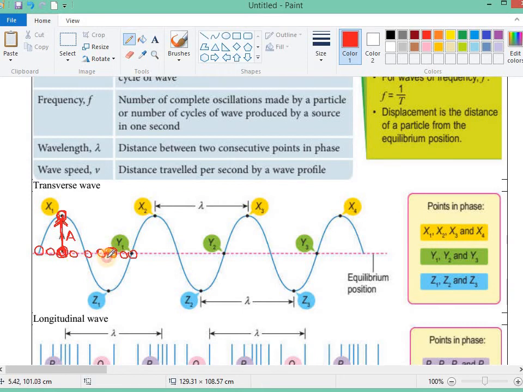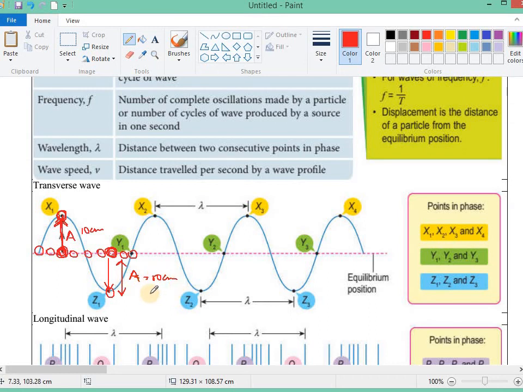So if the water molecule goes down here until maximum, here to here is also the amplitude of the wave. And usually these two amplitudes will be the same. That means if this water molecule goes up 10 centimeter, here it will also go down 10 centimeter.